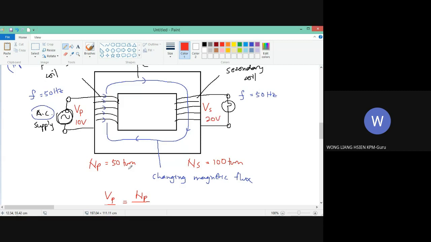You see? If the ratio is 1 to 2, then the voltage ratio is also 1 to 2.